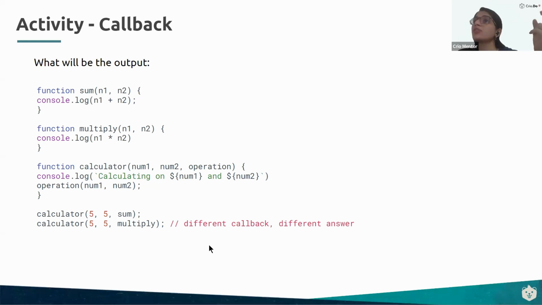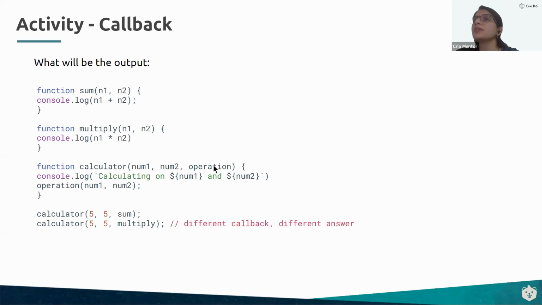That is exactly what callbacks are doing, because you may have different functions in sequence to execute later on, so it completely depends upon the name you pass. Now I could have called multiply and sum over here, but not every time would I like to perform sum and multiply. Sometimes I want to perform sum, sometimes multiplication. So that depends upon the type of operation we would like to perform.